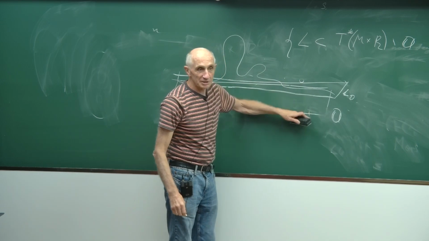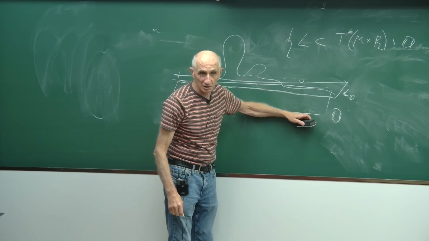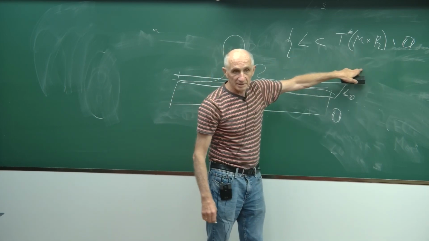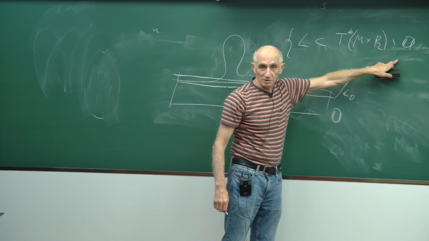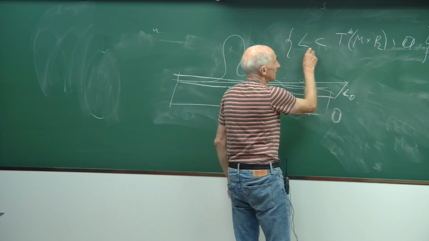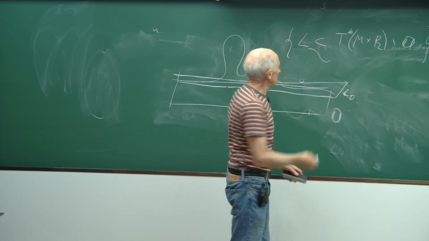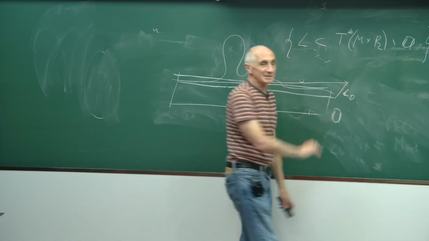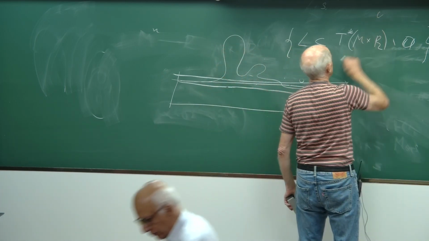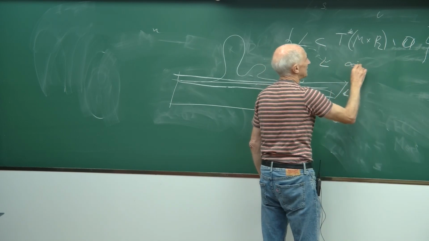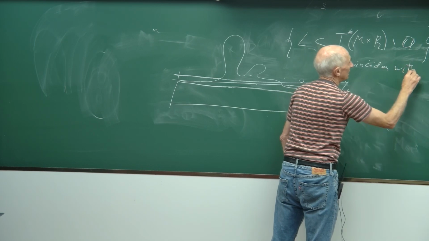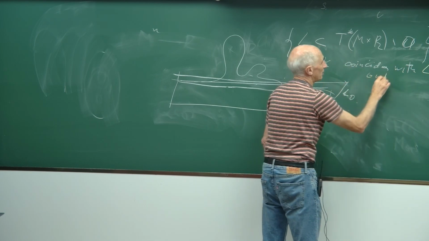So this L1 does not intersect the zero section. I consider the space of all L in T star of M cross R minus 0, such that L coincides with L1 outside a compact set.